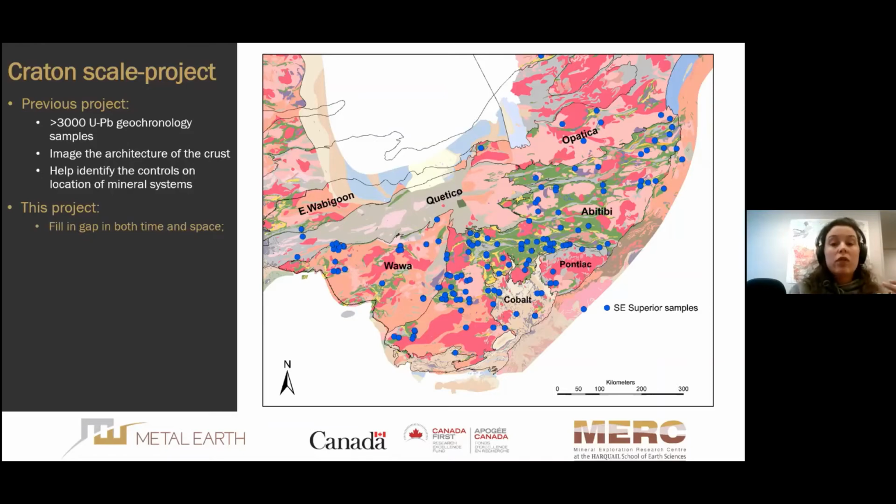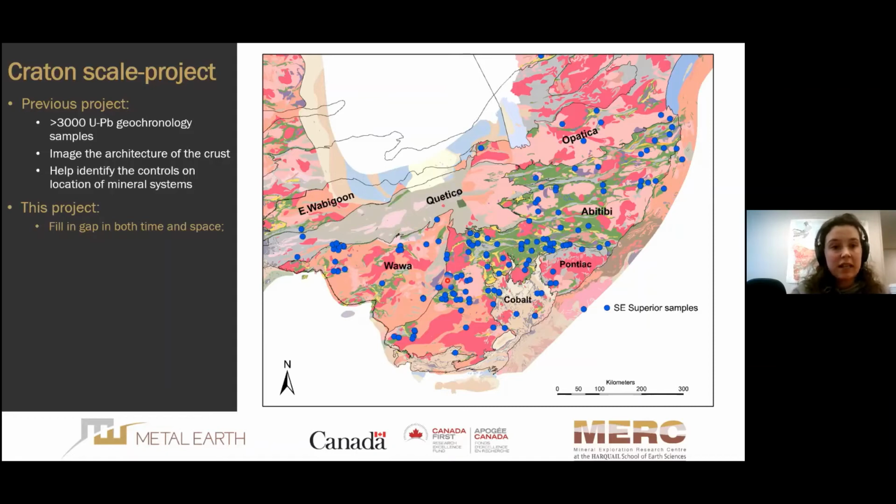If we take a closer look at this map, it shows the newest samples that were collected in the southeast Superior Craton by David Mole. What we can see is that there is an obvious gap here in the Wawa subprovince. So at the beginning of this project, I started working on filling in the gaps in both time and space, as we have seen from the data.